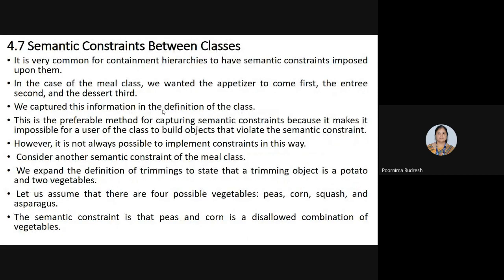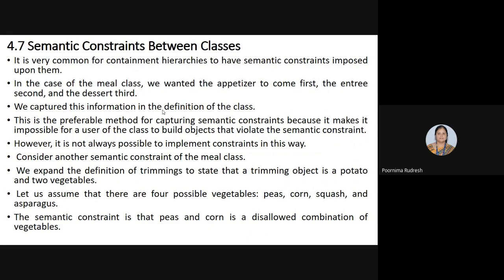So today we are going to study the topic called semantic constraints between the classes. What is a semantic constraint and how does it occur between the classes, that we'll see here. It is very common for containment hierarchies.